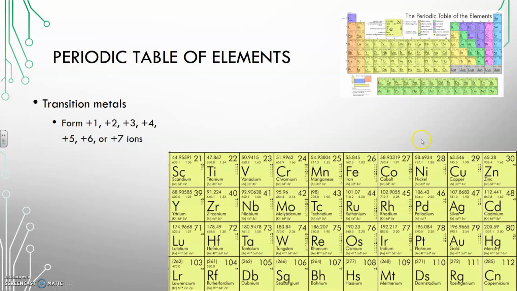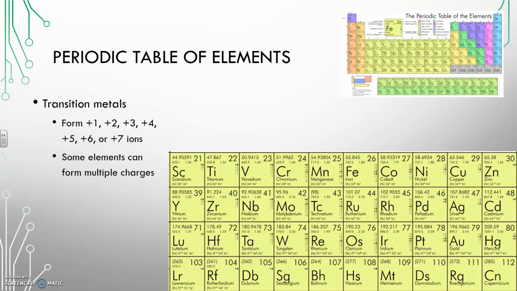If you notice, you can see some of them are actually marked on the right side of each of these little boxes. The most common ones are marked in bold. Oftentimes you will see some, like molybdenum, that can form multiple different charges. So transition metals are really kind of strange when you get down to it.